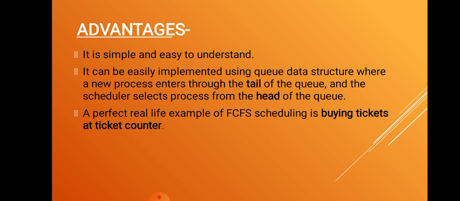A new process enters through the tail of the queue, and the scheduler selects the processes from the head of the queue. An example of FCFS is buying movie tickets from a ticket counter. That is a real-life example of FCFS.